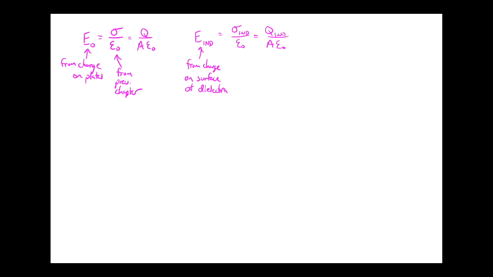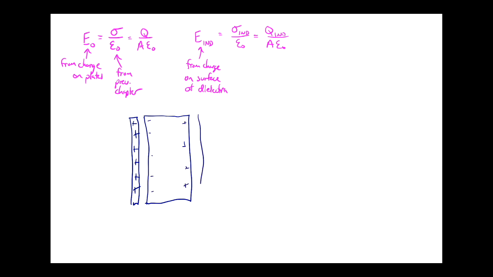So let me draw a quick picture here since we don't have one on this screen. So we've got one plate plus, we've got this dielectric material that's inside. And we essentially said that you're going to end up with sort of some net charge buildup here. And then we've got our negative plate. That is like the worst parallel plates ever, but you get the idea.